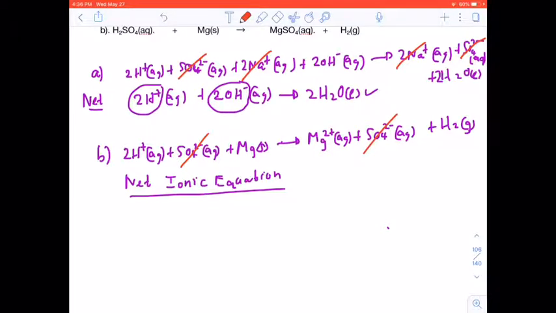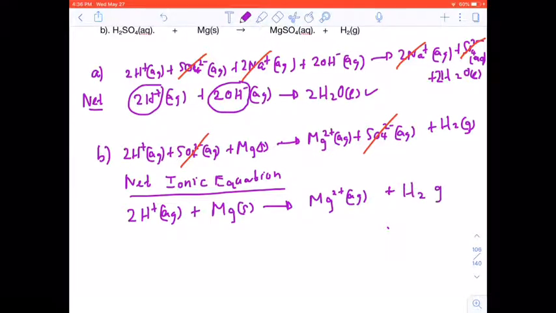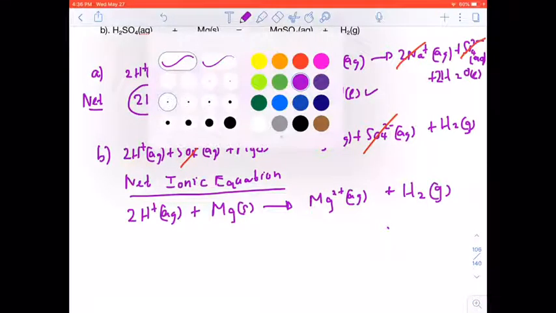No. So we say, right, which we have 2H plus aqueous plus Mg solid, and that gives us Mg2 plus aqueous plus H2 gas. Right, and this gives you also a clear illustration, but you could infer that from the molecular formula.